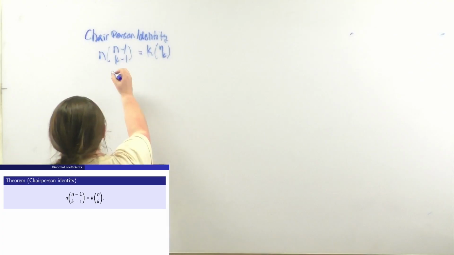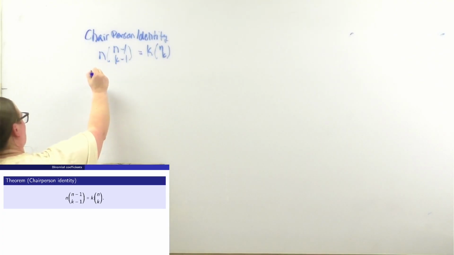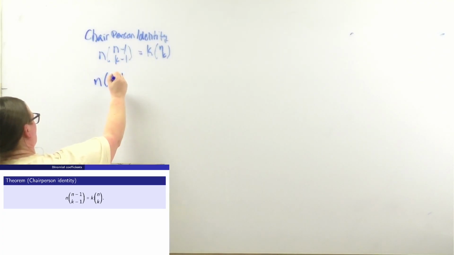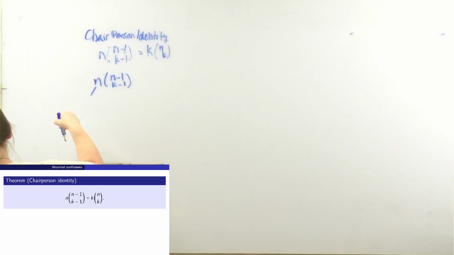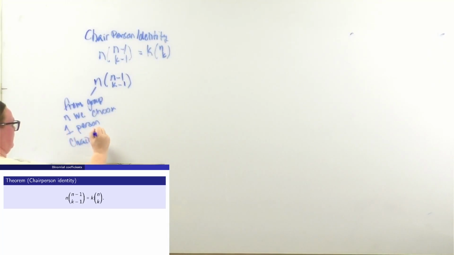And then on our left-hand side, we have n times n minus 1, choose k minus 1. And this is the whole group of n people. So from group n, we need to choose exactly one person who's our chairperson, and we're going to choose him first.